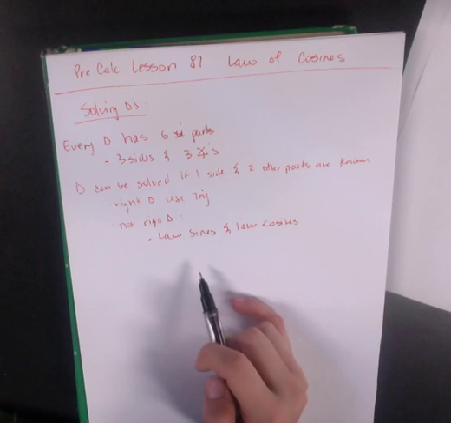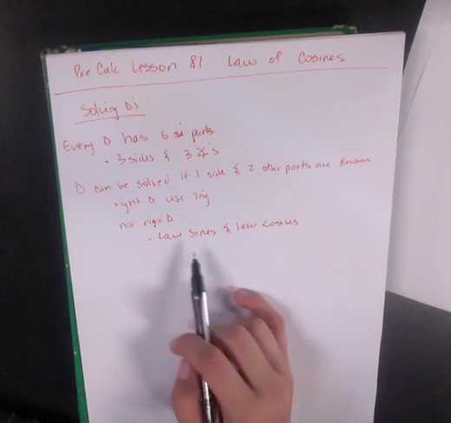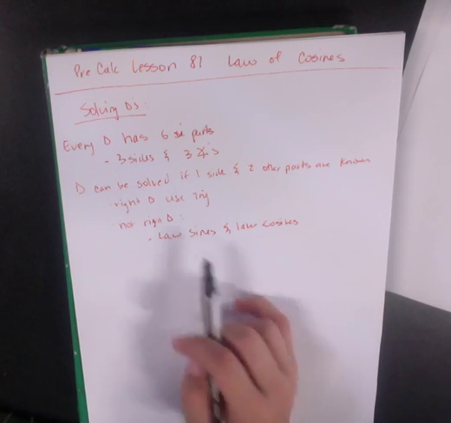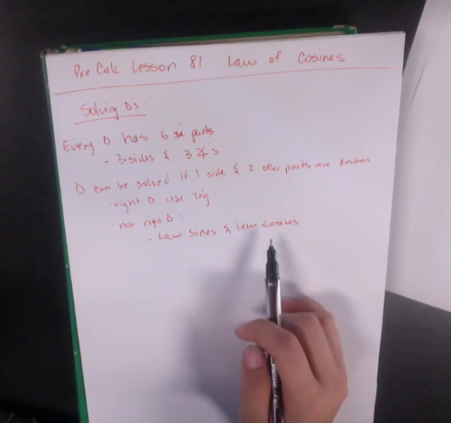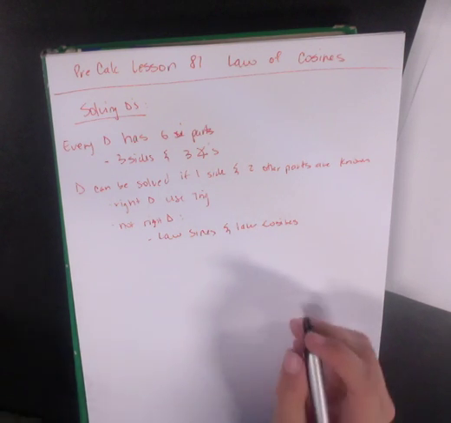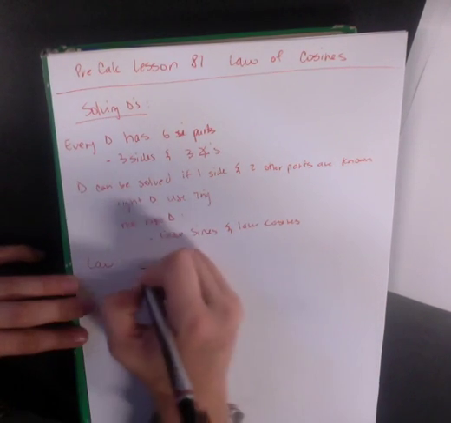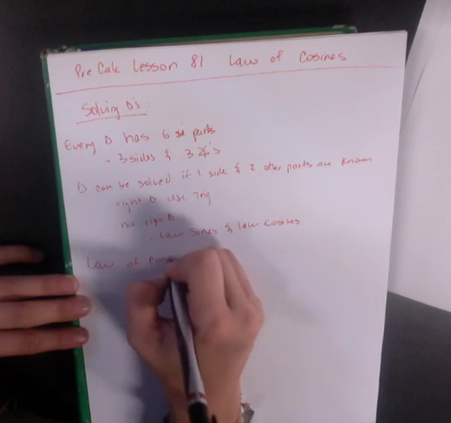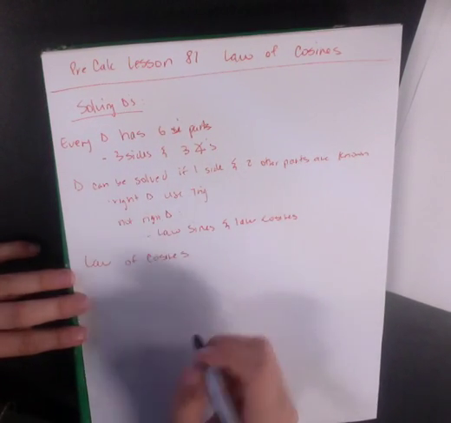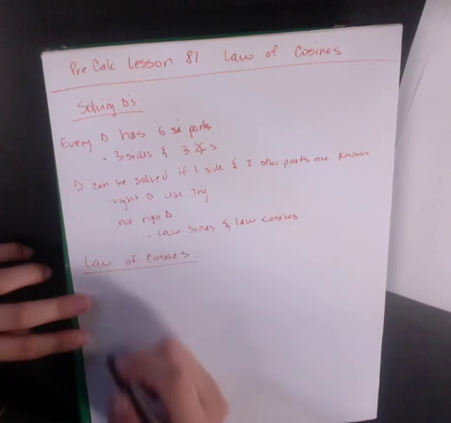Now, in the law of sines, we have an angle and a side opposite is known. That's not true of the law of cosines. So let's get into the law of cosines. There are 3 forms.